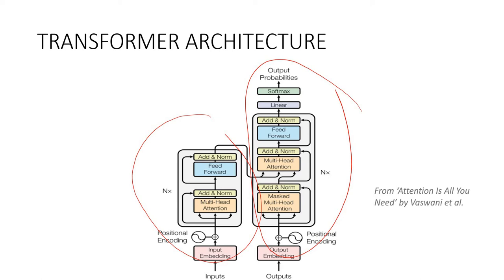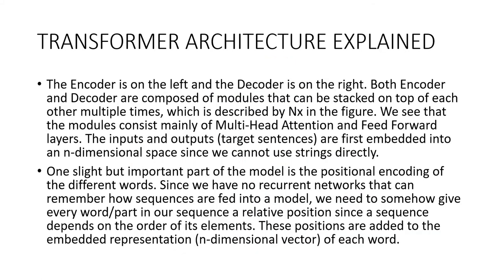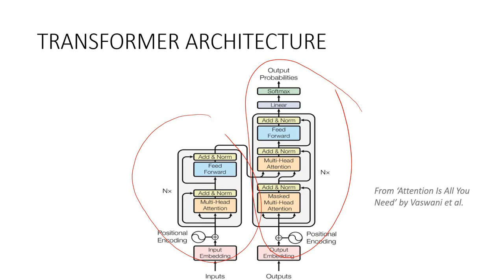The module consists of a multi-head attention plus feed-forward neural network. When you see the encoder or decoder, this is the encoder, this is the decoder. Whether it is encoder or decoder, it must contain the multi-headed attention.